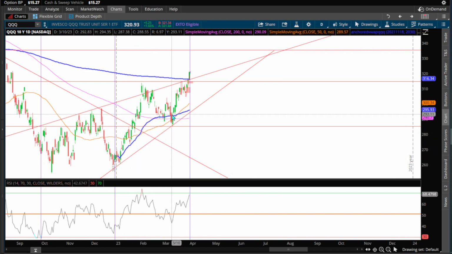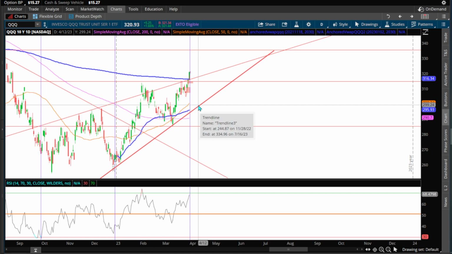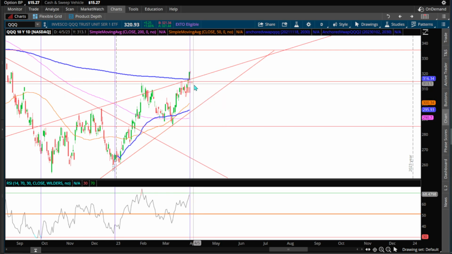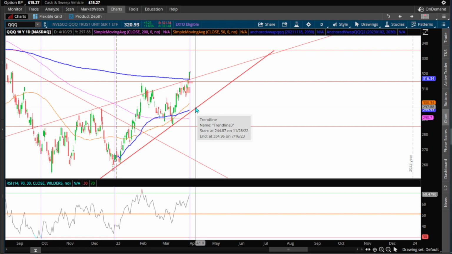This anchored VWAP and that 50-day could come into alignment with this support trend line. When that does happen, we will see how this alignment plays out. My belief would be that it would be closer to around that 295 to 300 region is where I think this could come down to. That is what I would think in a serious pullback situation.